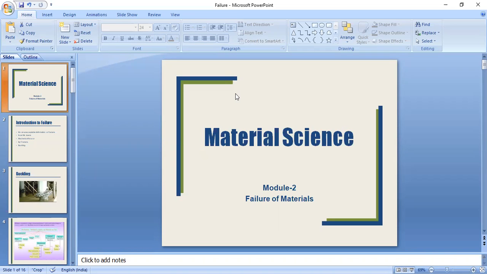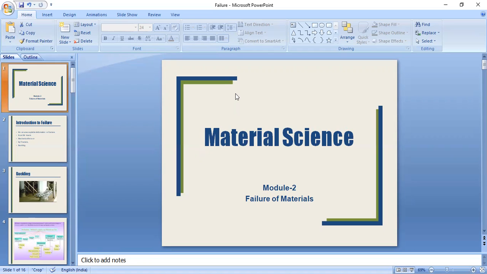So failure, we are going to connect with the fracture. When any material, either metal or non-metal, gets fractured, then we are going to call it as a failure of the material.